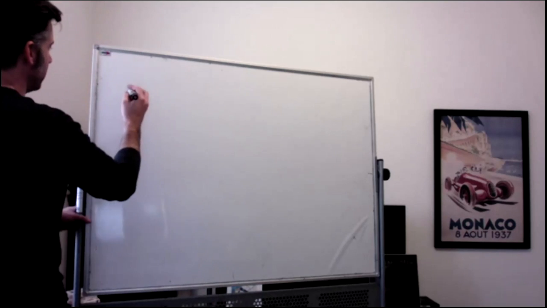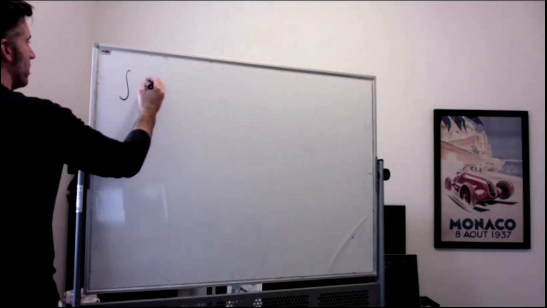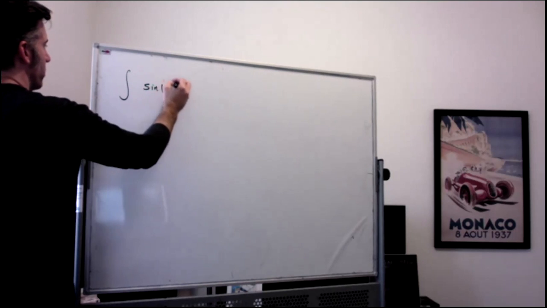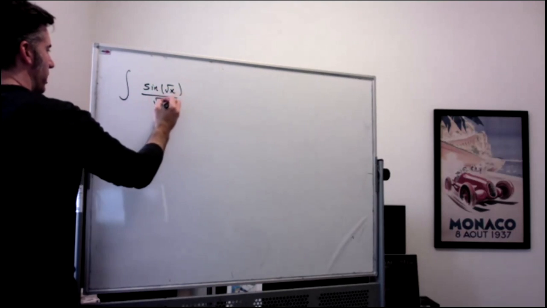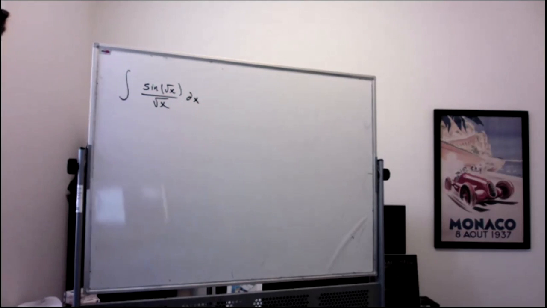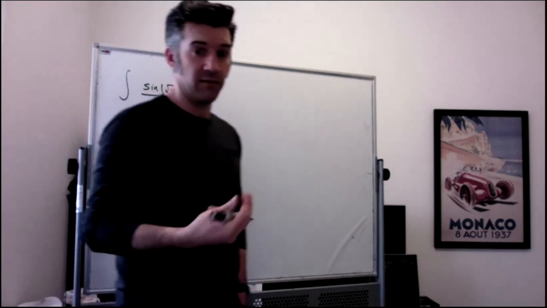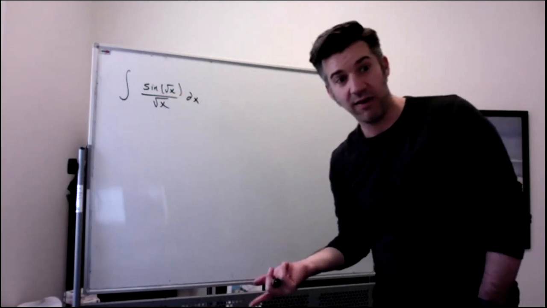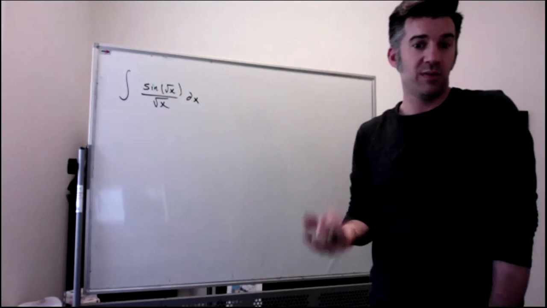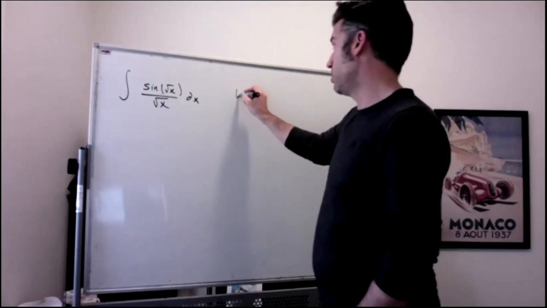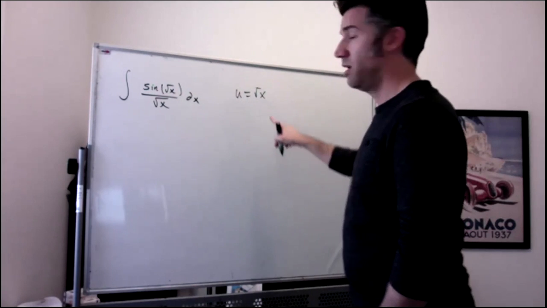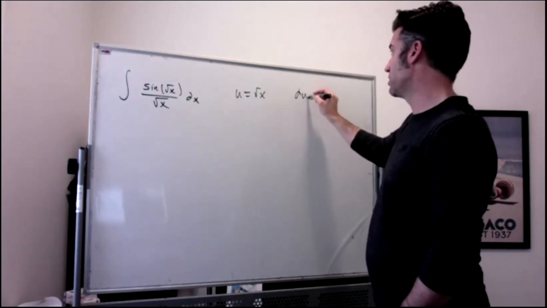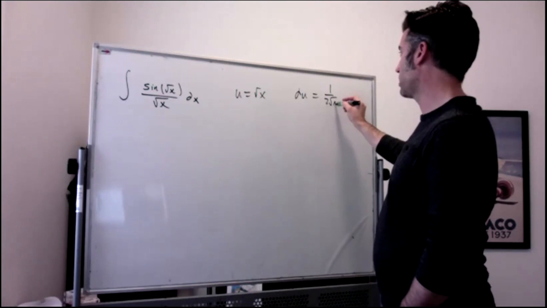For example, I would say that this integral of sine of root x over root x dx, I would definitely call that a mixture of things because we have a power of x, x to the 1/2, and a trig function. But this one's a U substitution. That u equal the square root of x. The derivative of the square root of x is 1 over 2 root x.